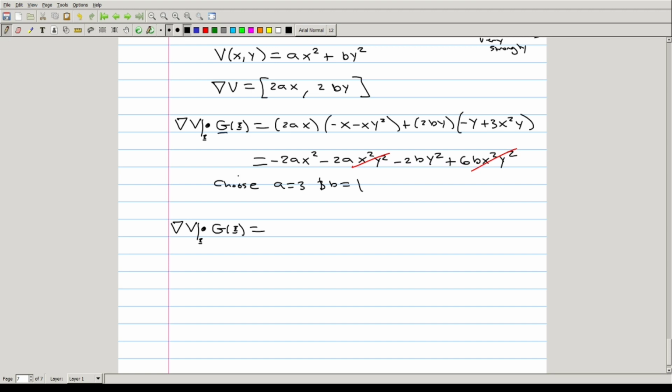is that the dot product of the gradient and g simplifies to negative 2 times (3x squared plus 2y squared).